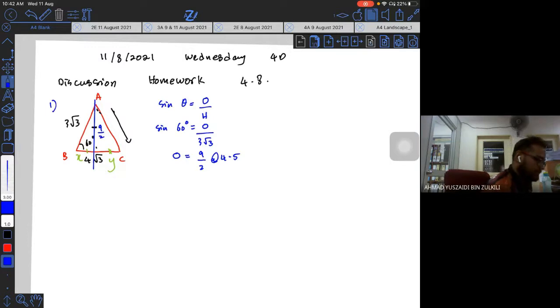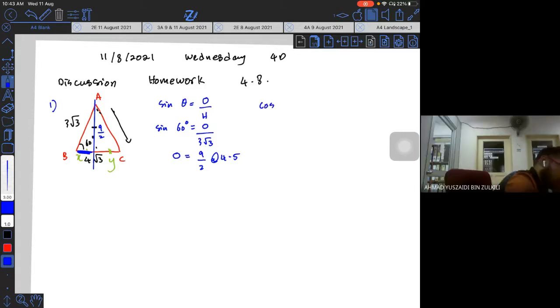Next, you find what? Find X. Not the angle, the length of it. To find X, you use sin, cos or tangent?